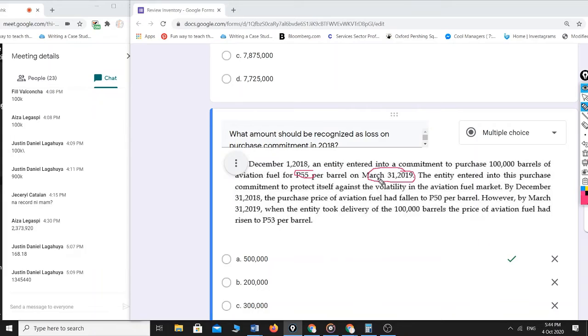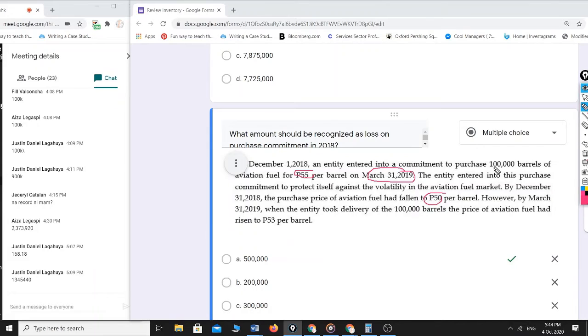So, we go straight to the given market value as of 2018, which is 50 pesos. Okay? So what was agreed? 55. But the market price as of 2018 is 50 pesos. So the purchaser, the one who entered into the commitment, is losing 5 pesos per barrel.